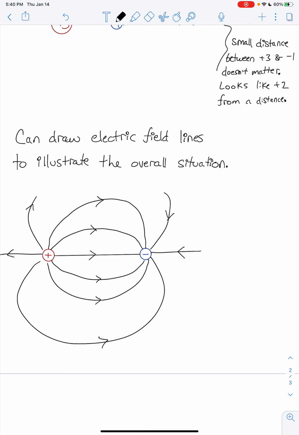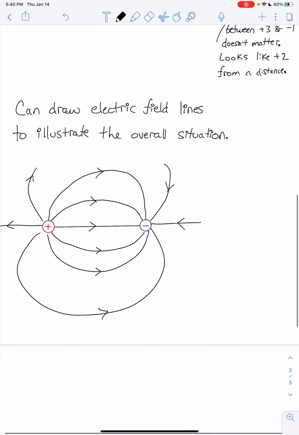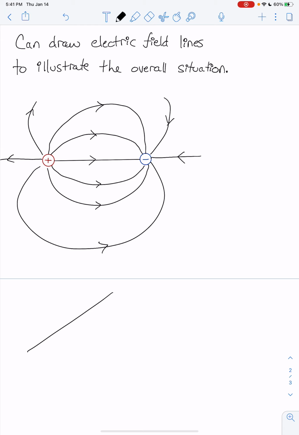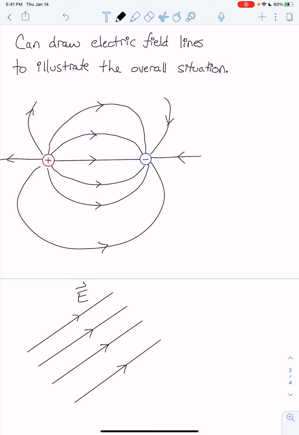Okay, just a quick point about how charges interact with these field lines. So let's imagine that we have some area where we have a constant electric field. Okay, so we've got an electric field in this area and it's uniform.